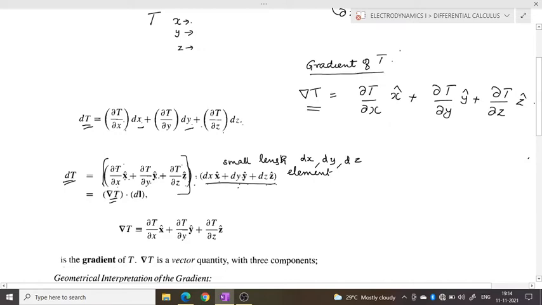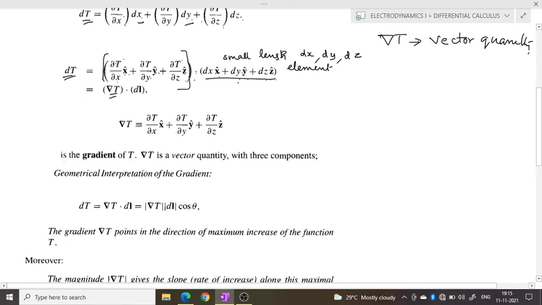Remember, t is a scalar function, but del t, the gradient, is a vector quantity. So though this t is scalar, del t or the gradient of t is a vector quantity.